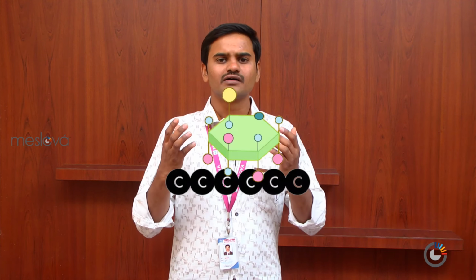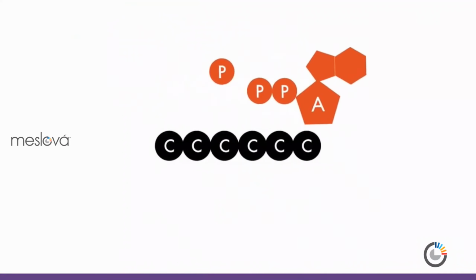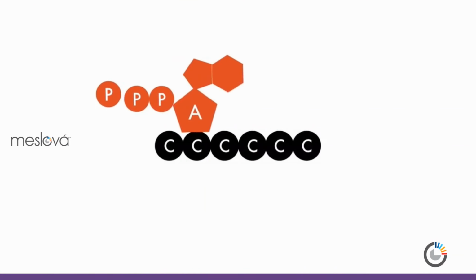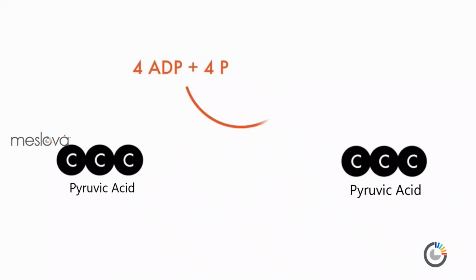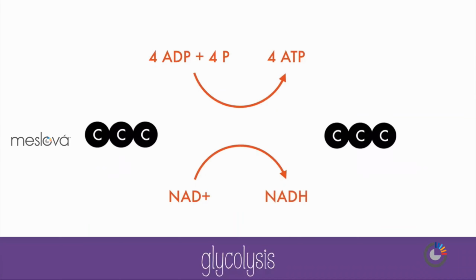During this process, a glucose molecule is broken into half, and 2 molecules of 3-carbon pyruvic acid are produced. In this process, it requires 2 ATP molecules as investment, and it produces 4 ATP from 4 ADP and 4 phosphate molecules. It also produces 2 NADH from 2 NAD plus molecules, and this process we call glycolysis.